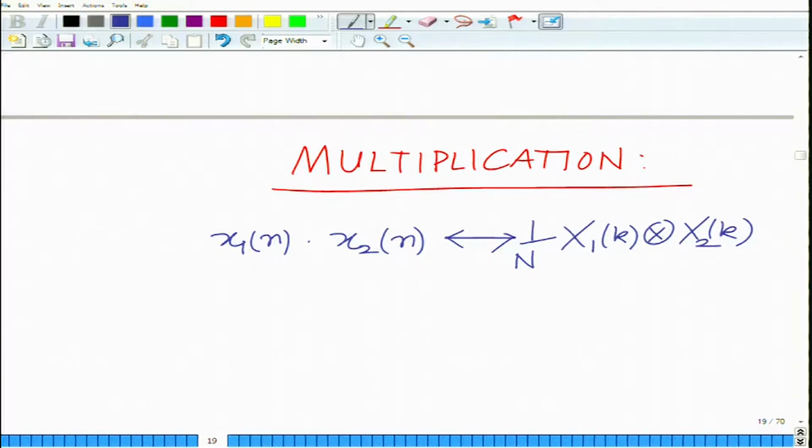So it is circular convolution between X1(k) and X2(k) divided by N. That is the rule for multiplication of two time domain signals.